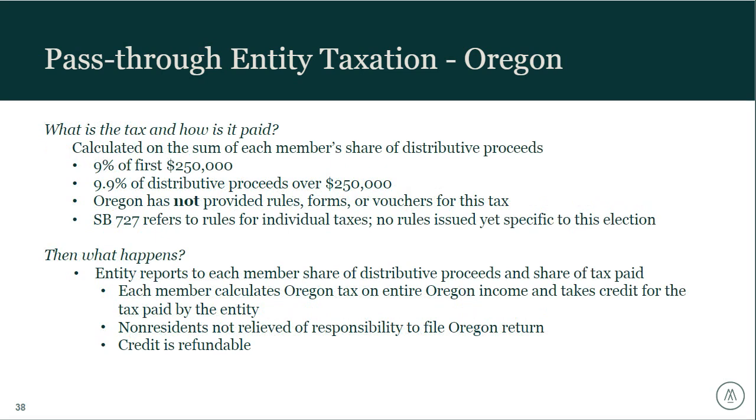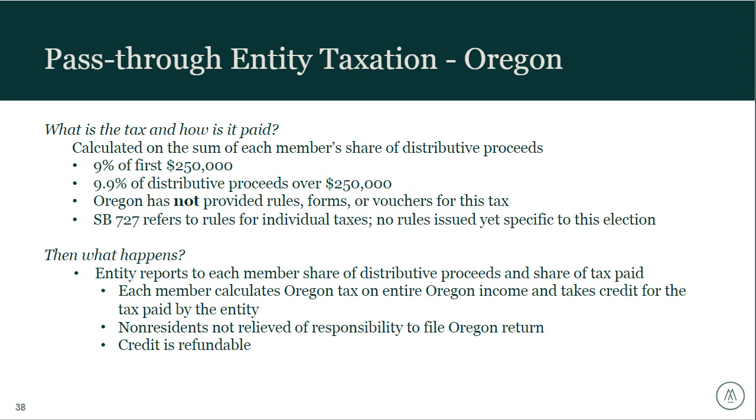The tax is calculated on the sum of each member's share of distributive proceeds apportioned to Oregon. So here's another huge difference between California and Oregon. Whether you're an Oregon resident or not, the tax is calculated on apportioned Oregon income. And it's 9% on the first $250,000, 9.9% after that.